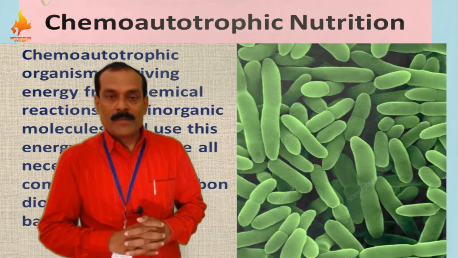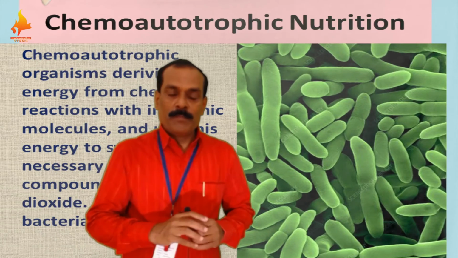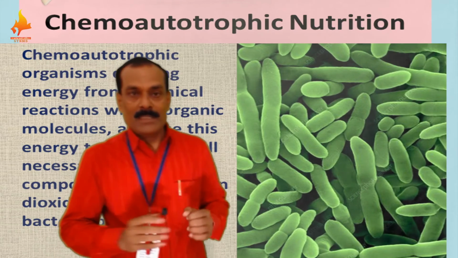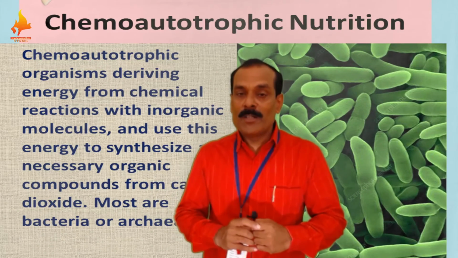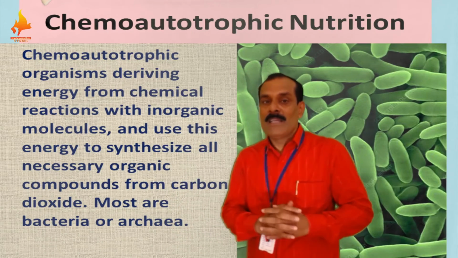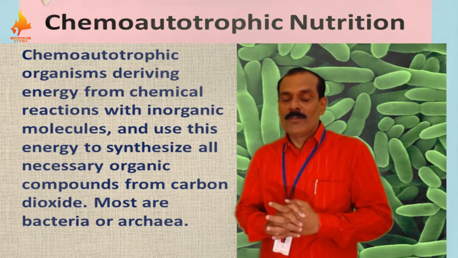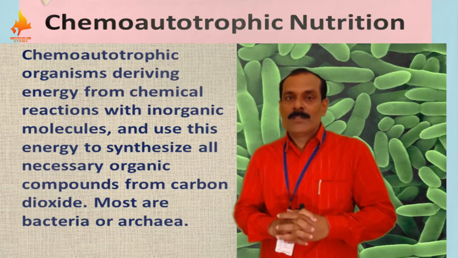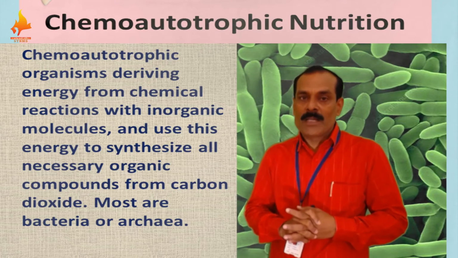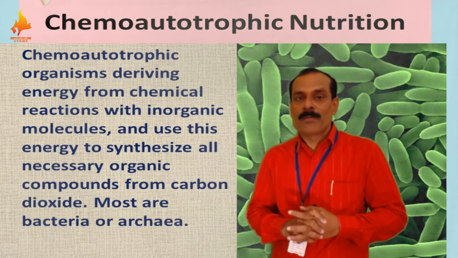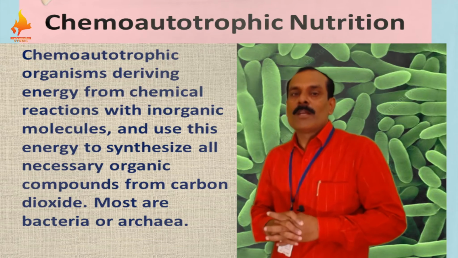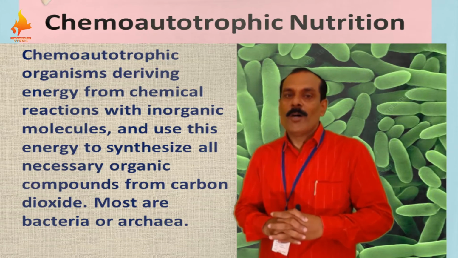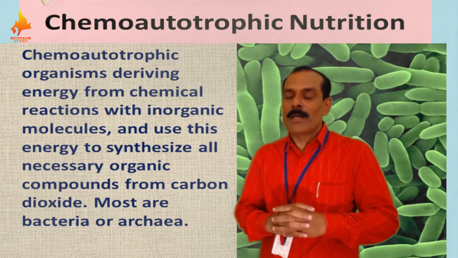Means what? They prepare the food from simple inorganic materials, but they will not use the solar energy. Instead of that, they use chemical energy. So the chemoautotrophic organisms derive energy from chemical reactions with inorganic molecules and use this energy to synthesize all necessary organic compounds from carbon compounds.